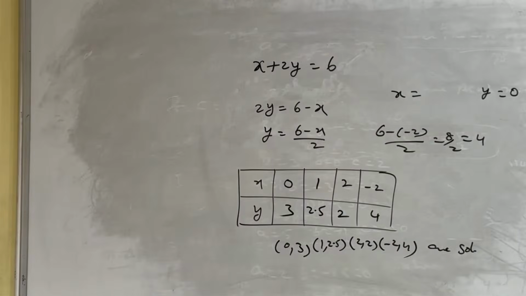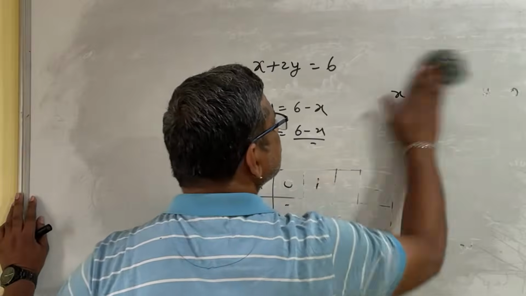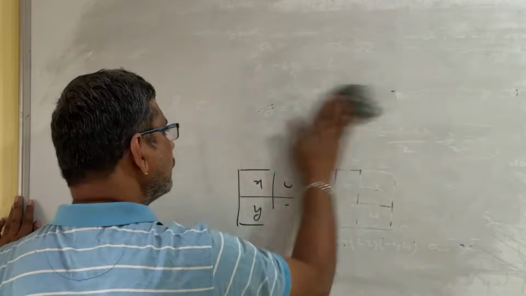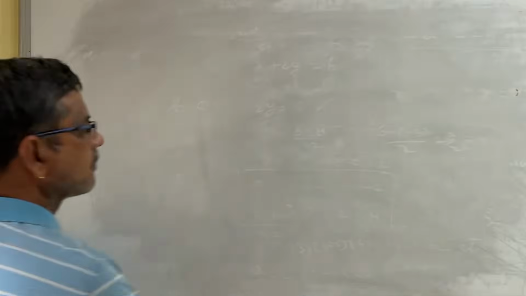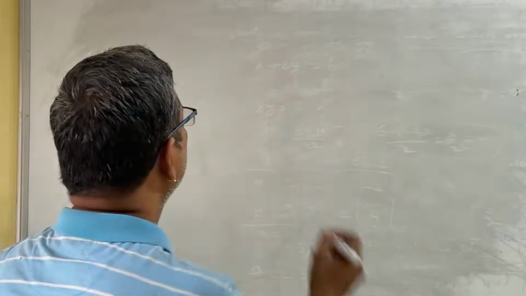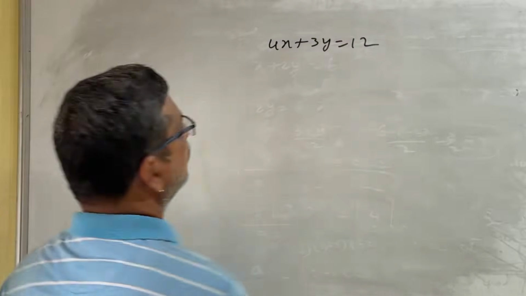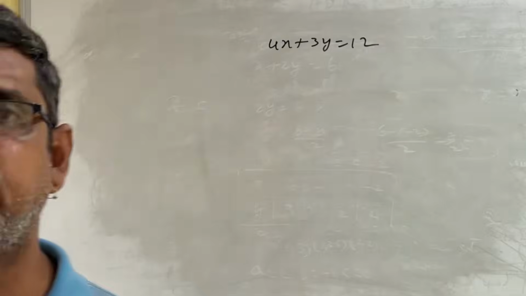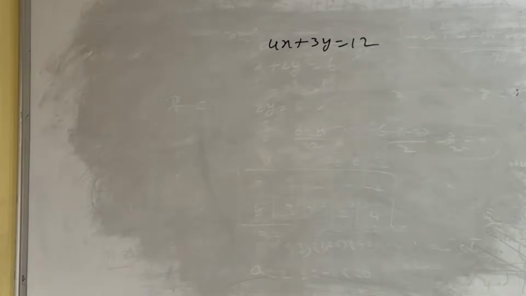We will see one more problem. 4x plus 3y is equal to 12. Find 4 solutions for this equation.